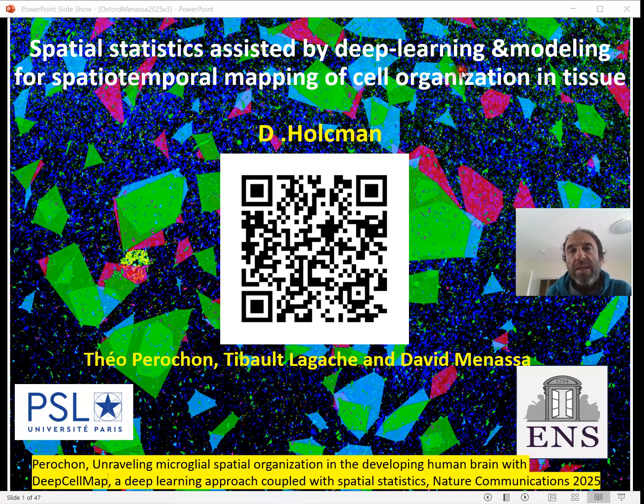And I would like to explain very briefly how we've used deep learning for that in the context of microglial organization. This has been a work in collaboration with Theo, Thibault, and David, and recently published in Nature Communication.